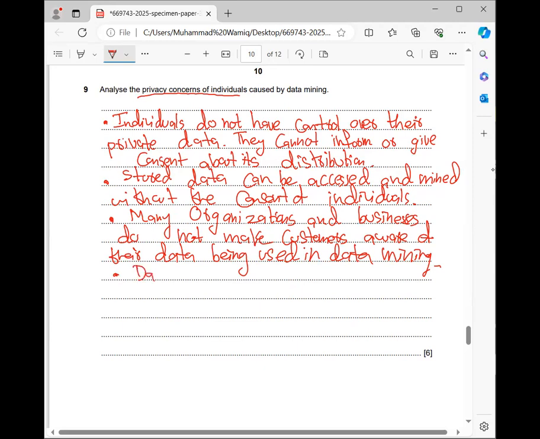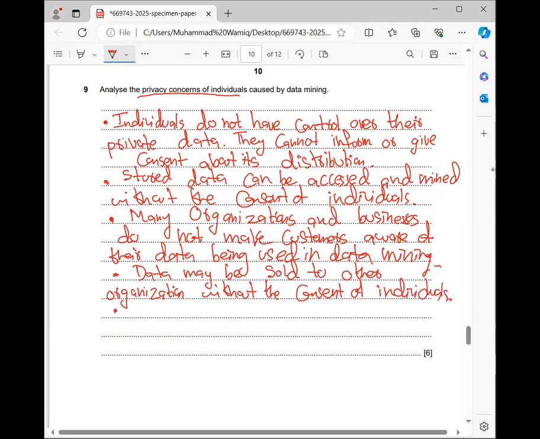through data mining, this data may be sold to other organizations as well without the consent of individuals. One, two, three, four. The fifth point: anonymity of individual data cannot be guaranteed.